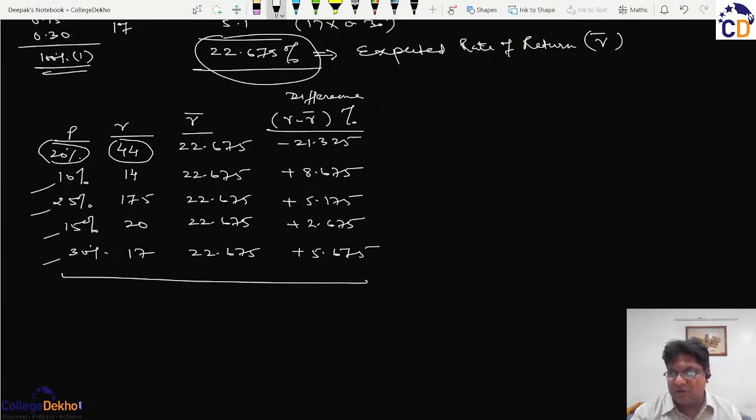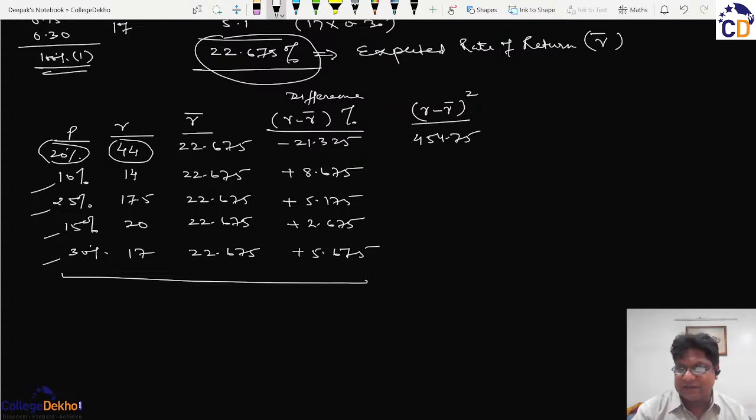Another aspect is that now we will calculate the square of this, and this square will nullify the impact of the negatives and the positives. So this square will become 21.325 multiplied by 21.325. This comes out to be 454.